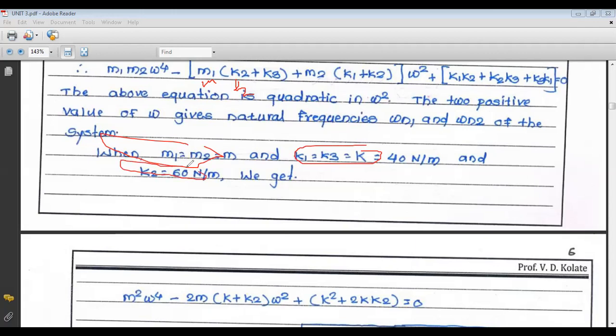And both masses are the same. So this is m in bracket, the value of K2 is the same, K2, value of K3 is K, so K2 plus K, plus what is the value of m2?